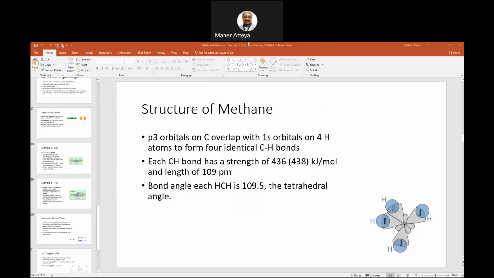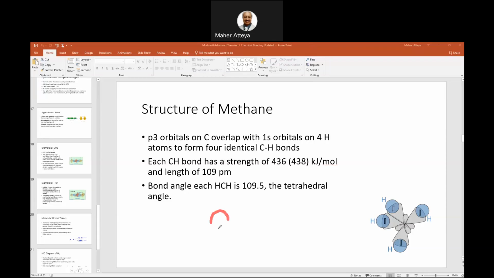We stopped on the structure of methane. We are looking at the Pauling theory of hybridization, how those bonds come together. If you look at this, we have methane, correct?